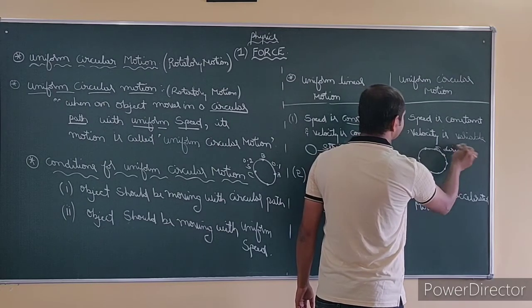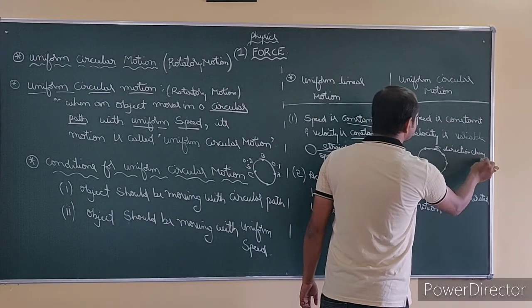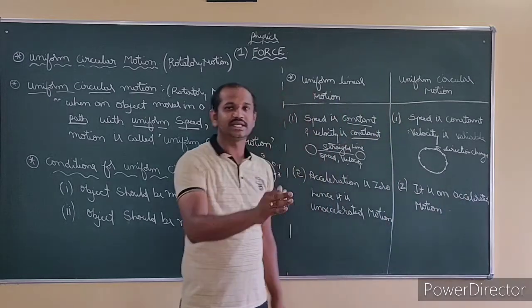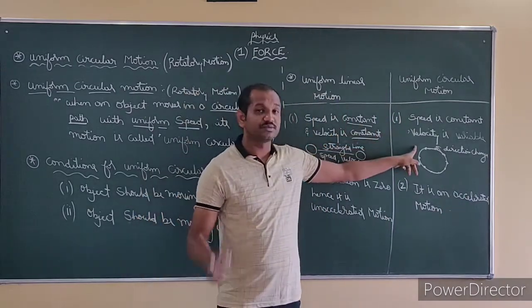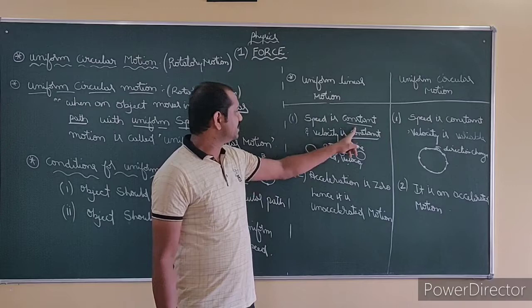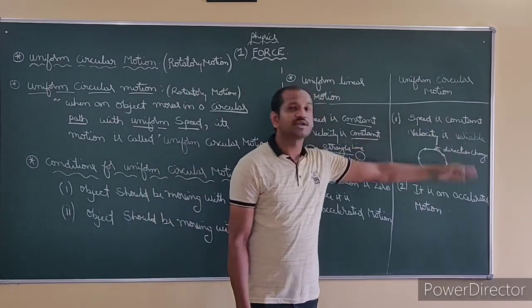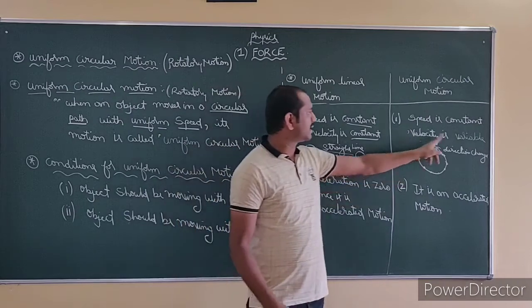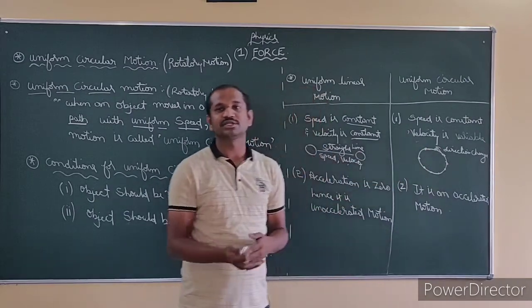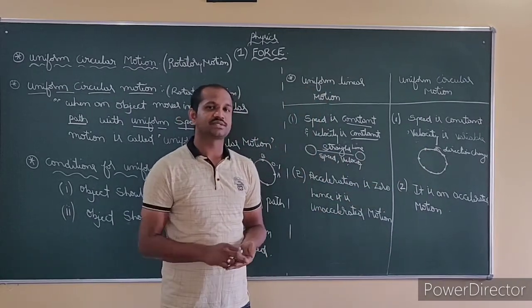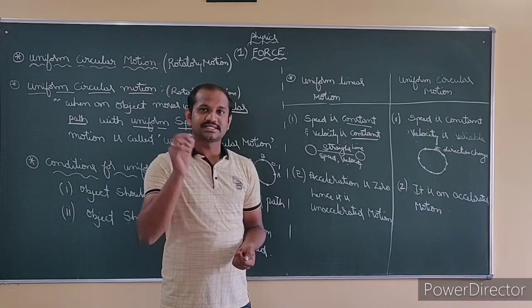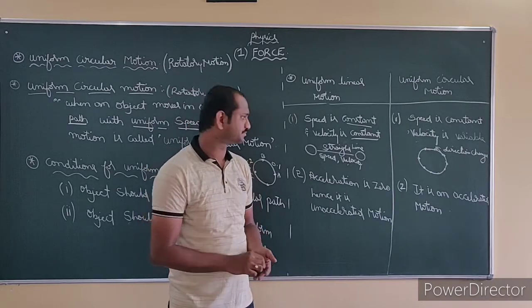If direction changes, we very well know that velocity changes. This is a major difference. You must remember: speed is constant and velocity is constant in uniform linear motion. In uniform circular motion, speed is constant, but velocity is variable. Why is the velocity variable? Because in uniform circular motion, the object changes its direction at each and every moment.